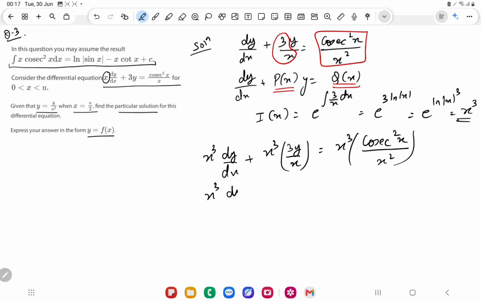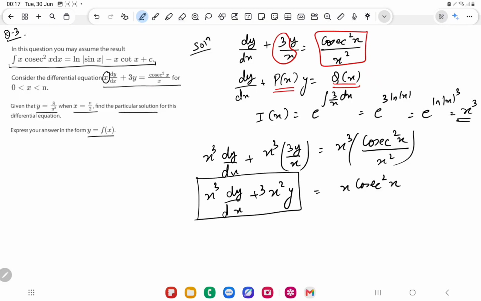Now we have to simplify this further. So I can write it as this, and the right side becomes x cosec square x. Now if you see, you try to find the product rule in this. If you assume x cube as u and y as v, then dy by dx will become v dash, and the derivative of x cube is 3x square, which becomes u dash.